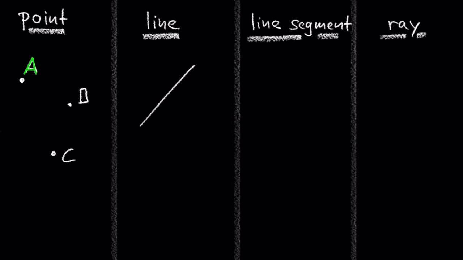For example, A and B. Or by a lowercase letter, for example C. We pass the points A and B a little bit and draw 2 arrows to indicate that a line goes on in both directions forever. In other words, a line never ends in both directions, just like the number line, for example.